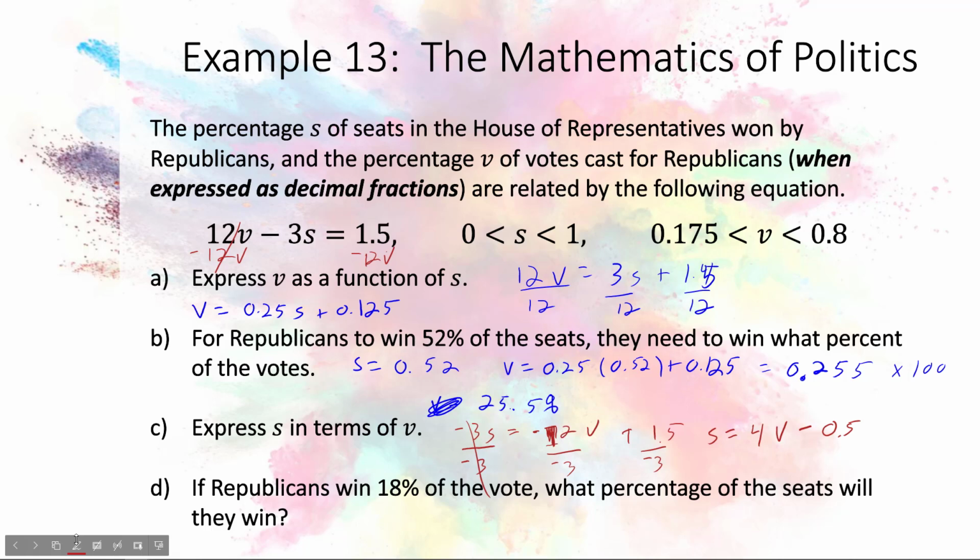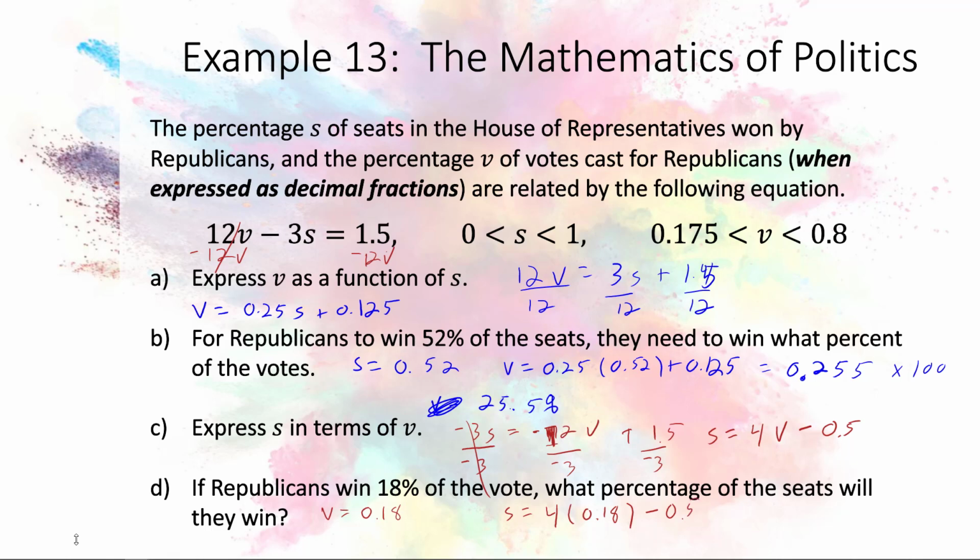Here, if the Republicans win 18% of the vote, what percentage of seats will they win? Well, remember, if they're winning 18% of the vote, that means that V is going to be the decimal equivalent of that, which will be 0.18. So then we're going to have S is equal to 4 times 0.18 minus 0.5.